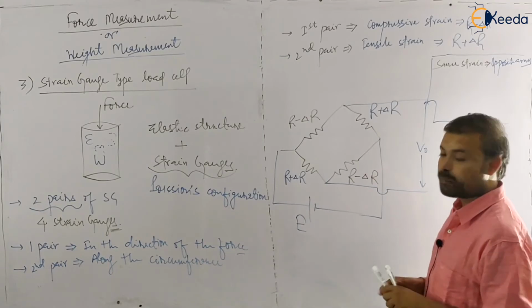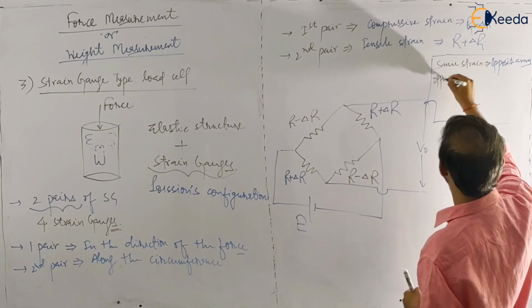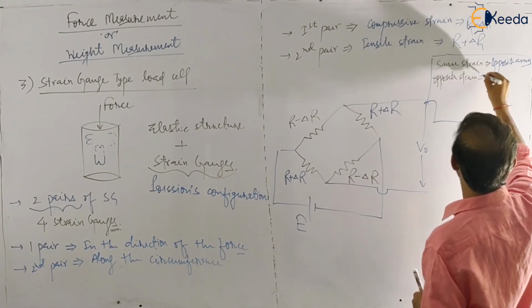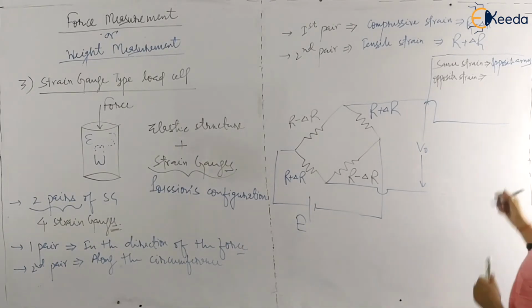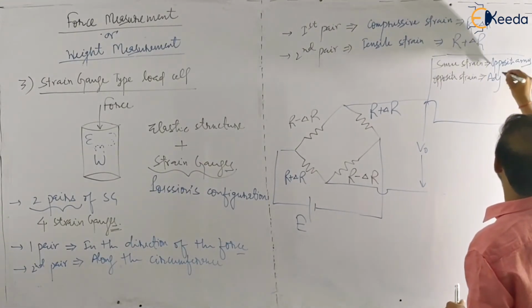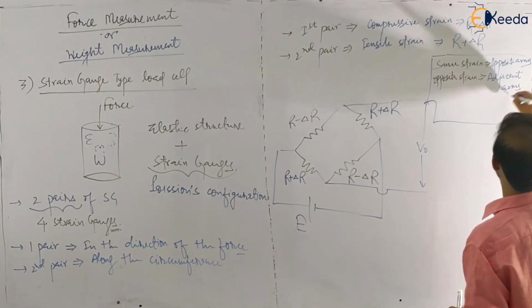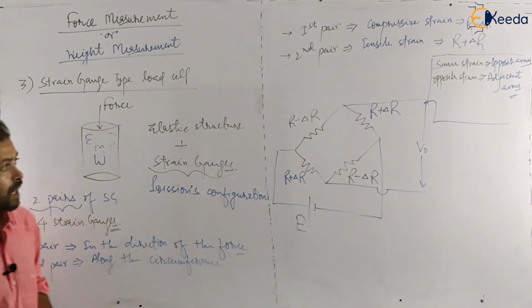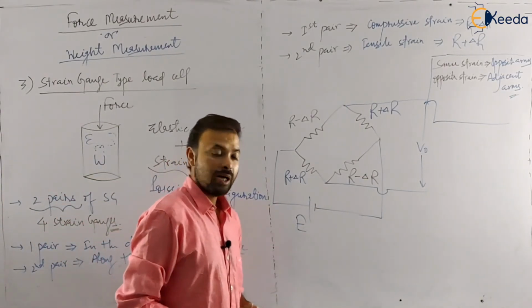And if opposite strains are experienced, then you need to connect those strain gauges in the adjacent arms. Just remember this. This is the technique to connect the strain gauges in the Wheatstone bridge to measure the output voltage.